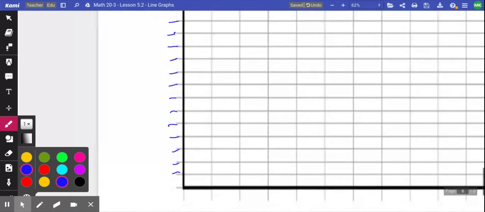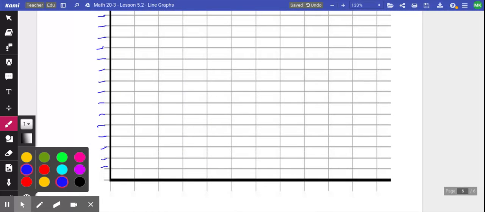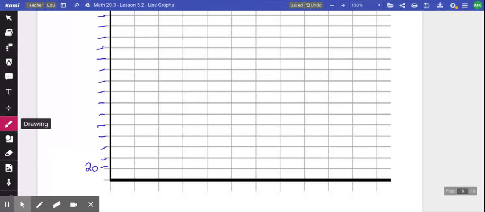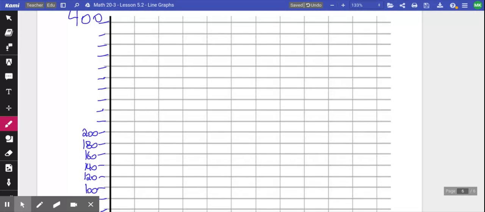So if I go back, I can now go 20, 40, 60, 80, 100, 120, 140, 160, 180, 200. All right, and just keep going until you get to your mark.